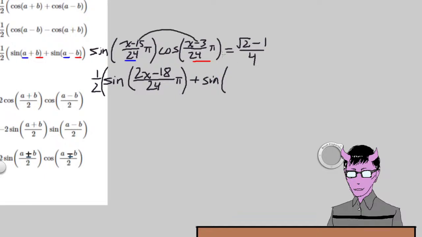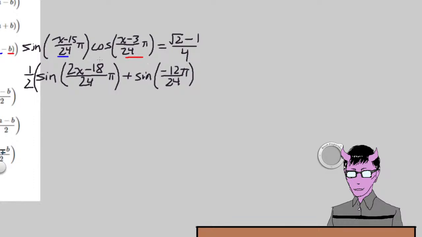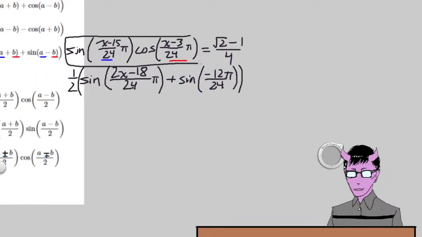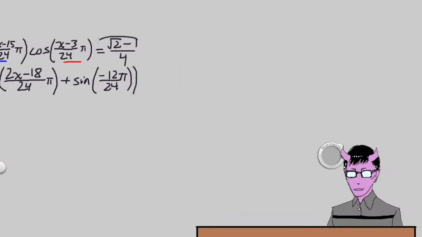And then negative 15 minus 3 is negative 12 pi all over 24. Okay, so we're done. Close the parenthetical. So we're done applying the algorithm to this one, thereby getting that. We need to copy paste the other side of the equation. So root 2 minus 1 over 4.